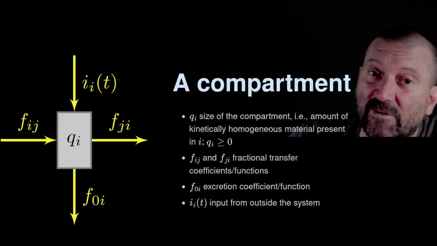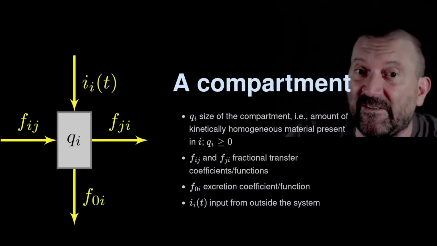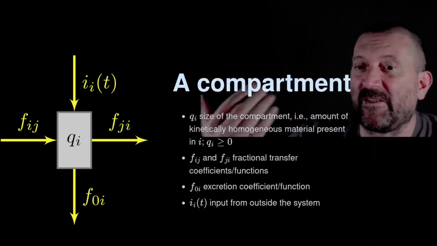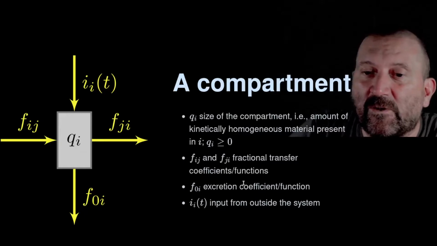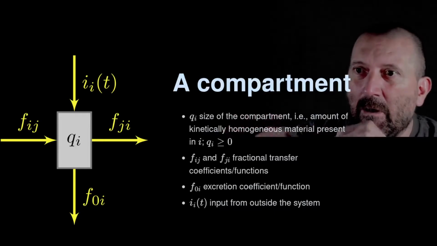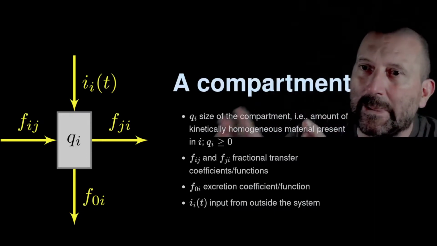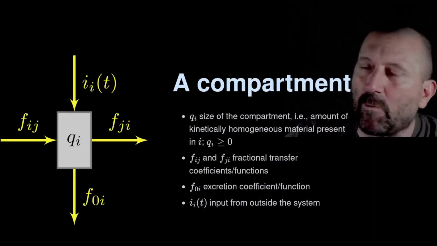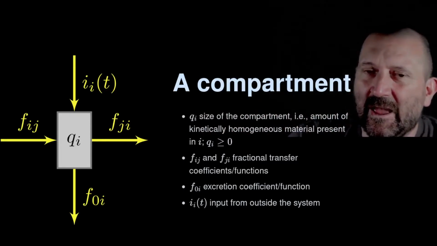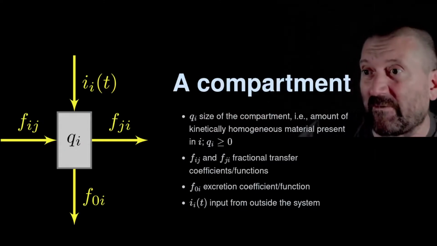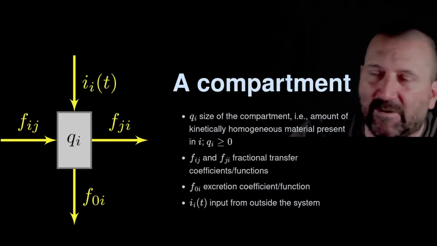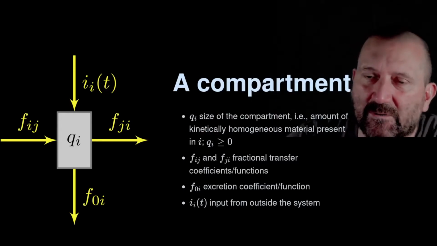These are functions that can typically depend on the density Q_i or the density of the other compartments. There's an excretion coefficient or function, which represents how material leaves the compartment towards the external environment, not the other compartments. And there is an input from outside of the system, which can be assumed to be a function of t. It can be quite generic.